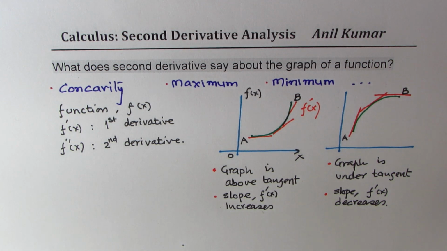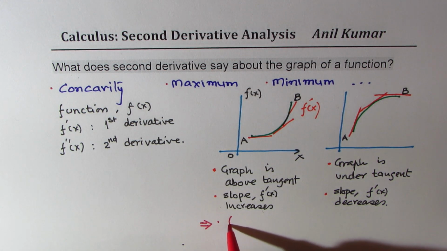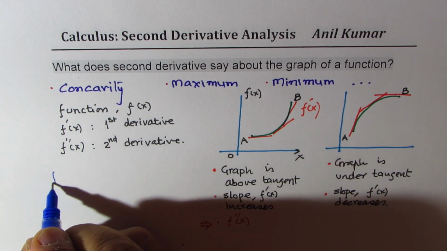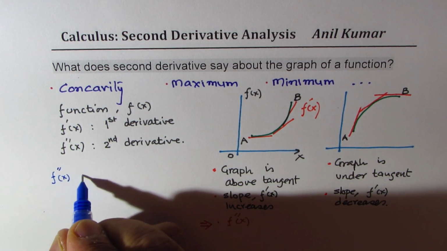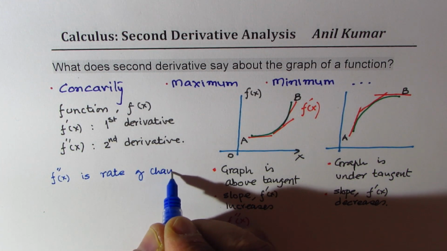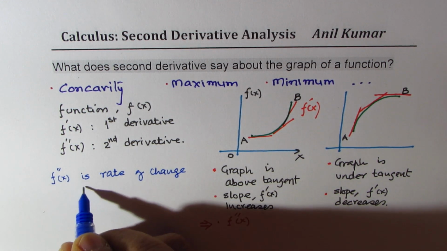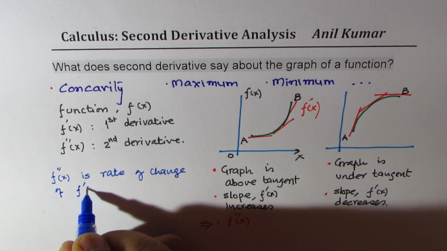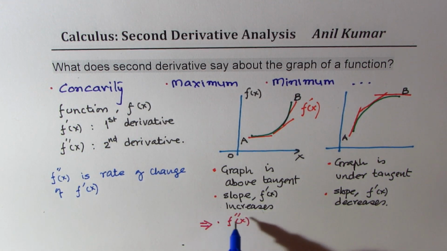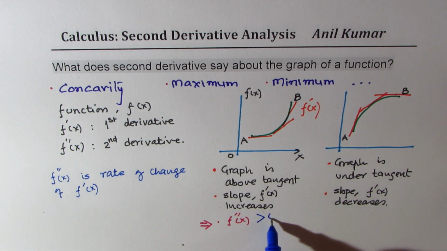Now, if that is the scenario, what do you think will be the value of the second derivative? How will the second derivative be? Now, the second derivative is the rate of change of the first derivative, correct? So we know that the second derivative is the rate of change of f dash x. Now here it is increasing, which means the second derivative all along this path is greater than 0.